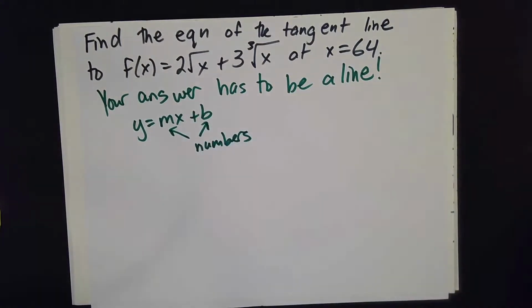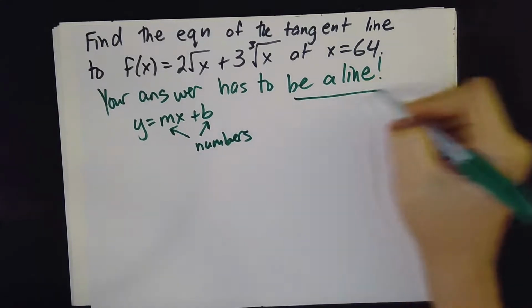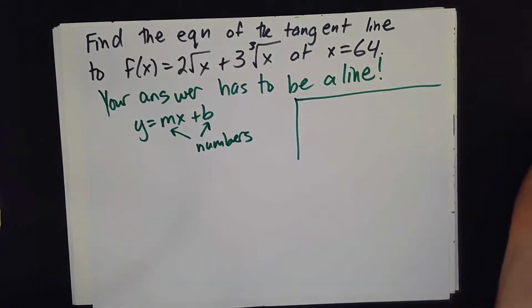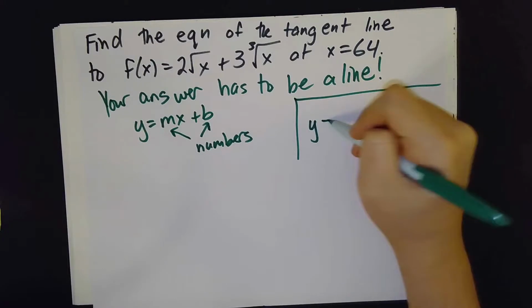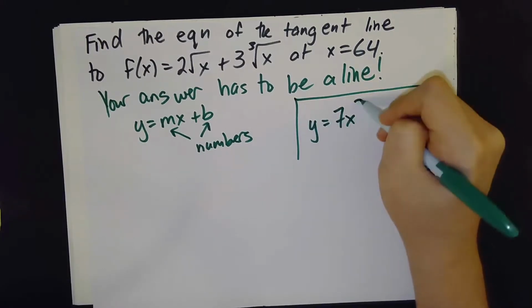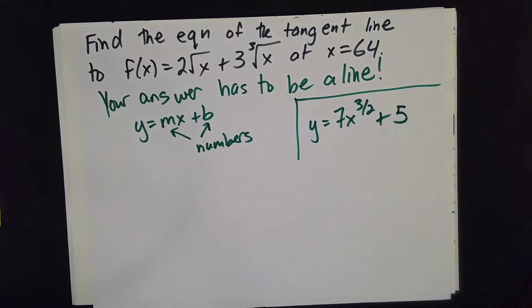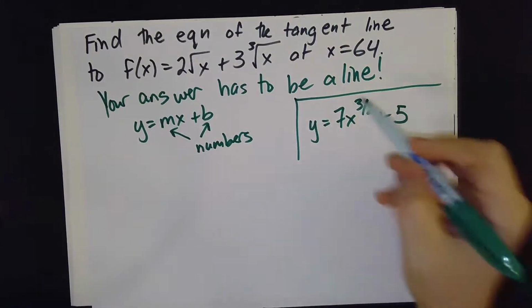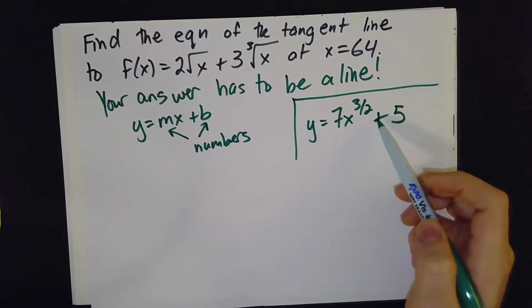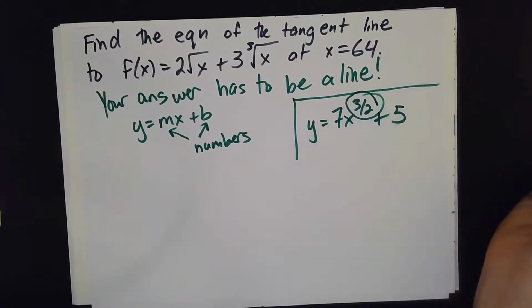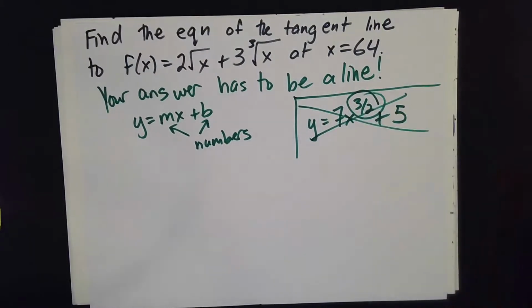Okay. So in particular, when I skimmed some of the sample finals, I saw some people who had written things like this. And I don't have to look at the problem at all to know that this can't be the tangent line to anything, because this 3/2 tells me it's not a line.